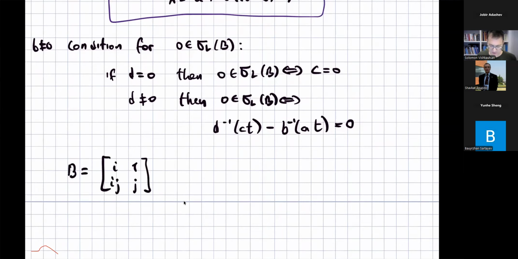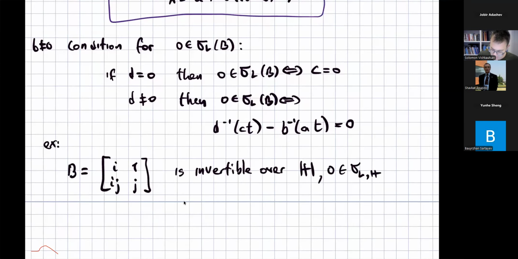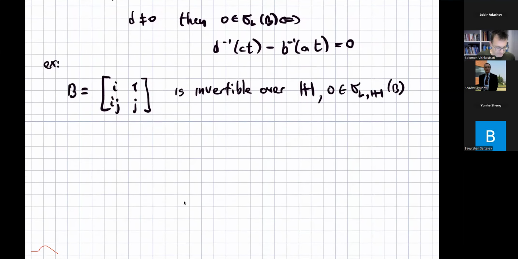So this is a very strange example. This matrix is invertible over the quaternions. So obviously 0 is not in the left spectrum over the quaternions of this matrix.